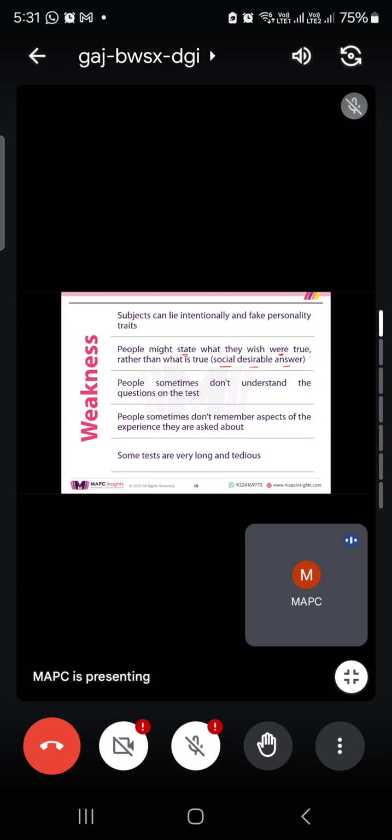Socially desirable answers can be given, the answers which they wish were true rather than what actually is true. Another problem in a questionnaire is that the respondent sometimes doesn't understand the question. So if the question is not understood properly, there's a good possibility that a wrong answer will be given.